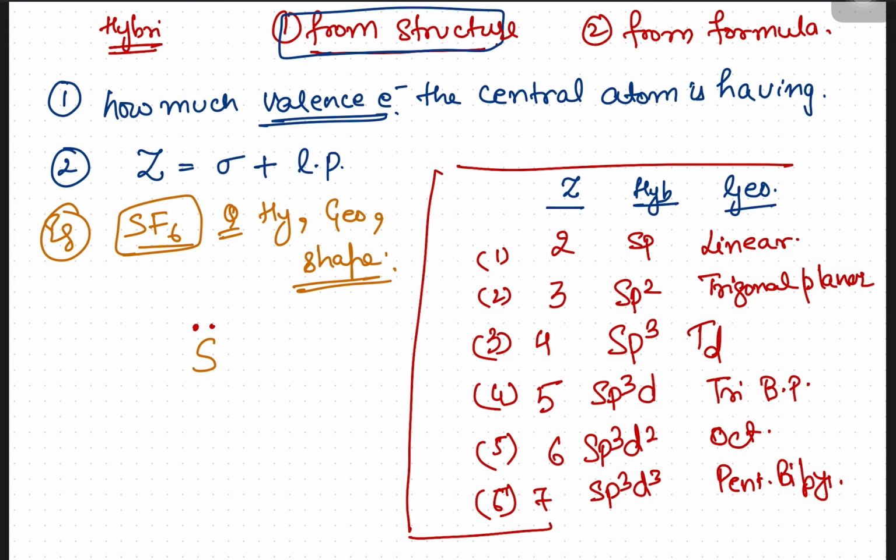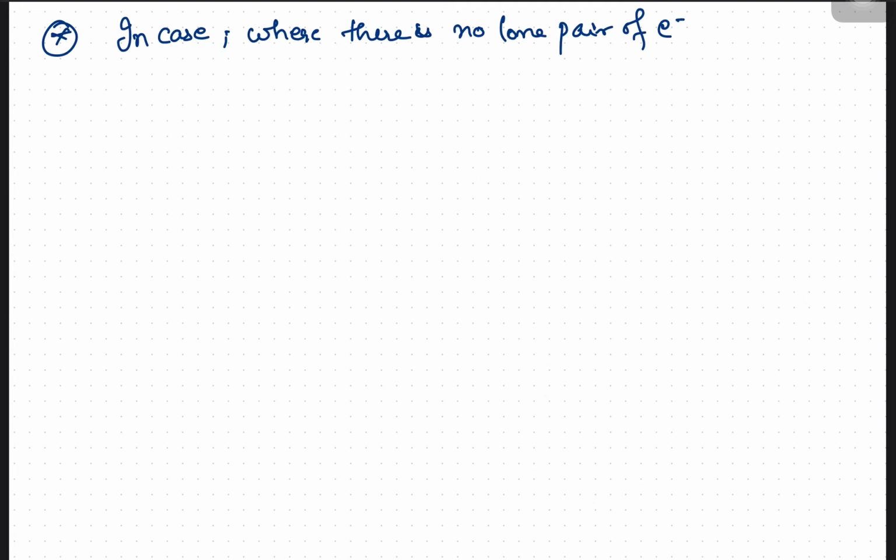Now you have to note one point which is very important. In case where there is no lone pair of electrons present, the geometry will be equal to the shape of the molecule.